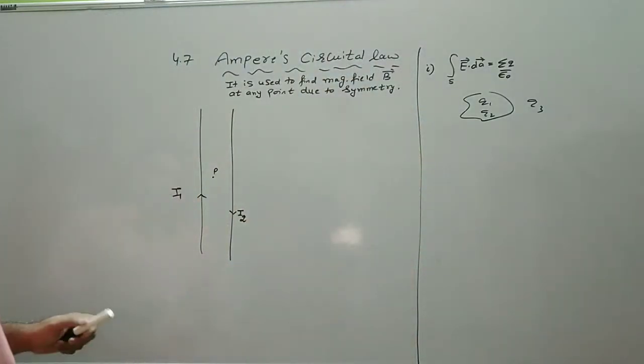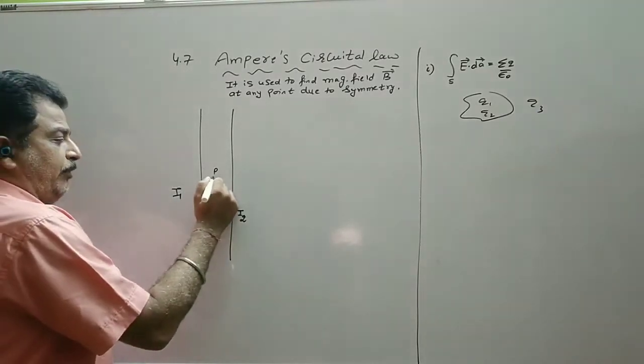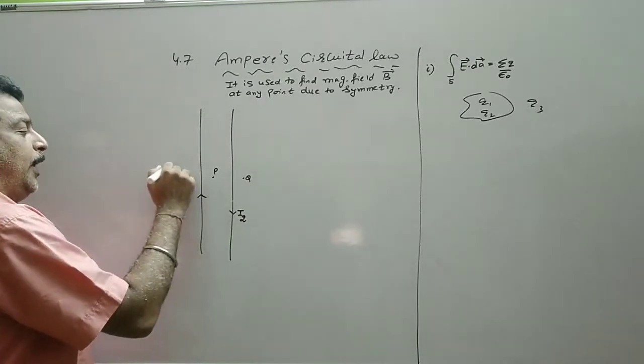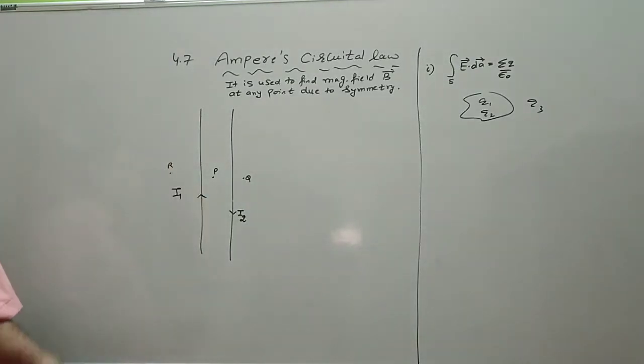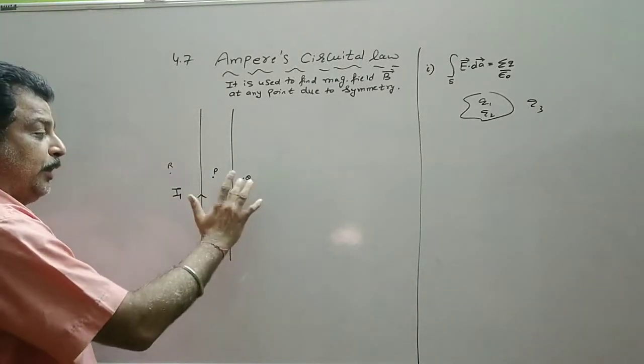Similarly, suppose I take these two wires, I have to find out the magnetic field, let's say at point P or point Q, that is outside, or a point R. We have to find out at any point, whether it is between the two wires or either side of the wires.